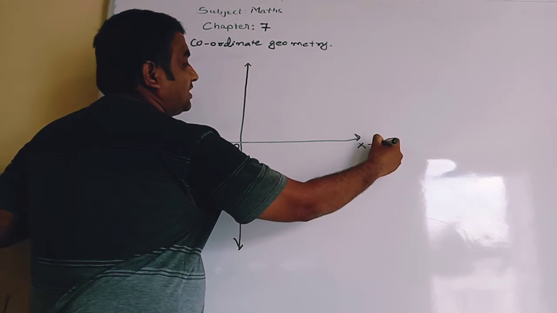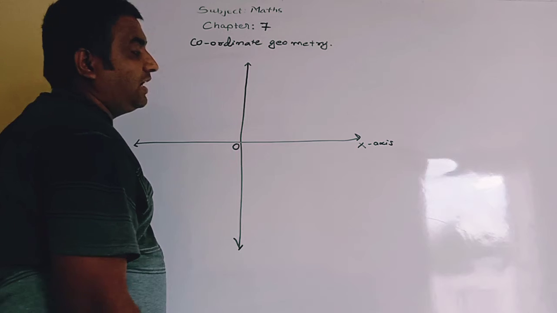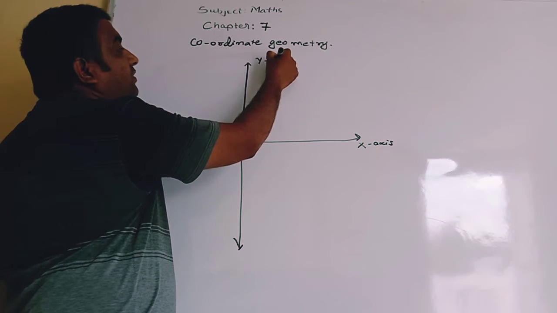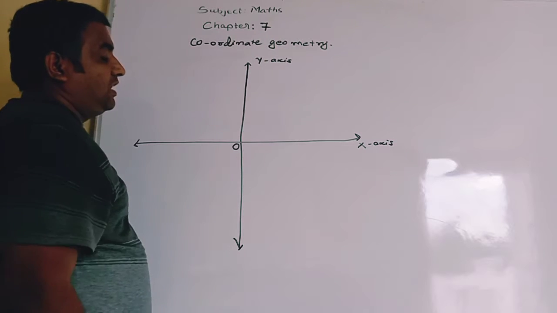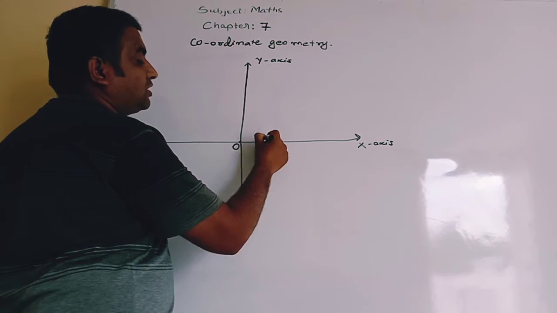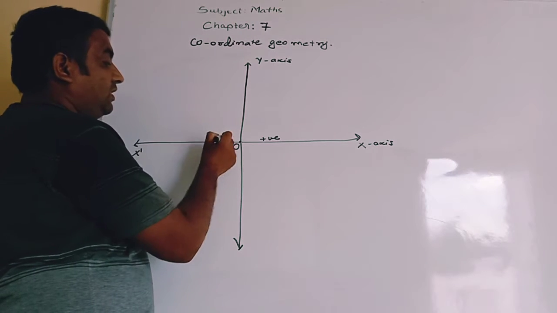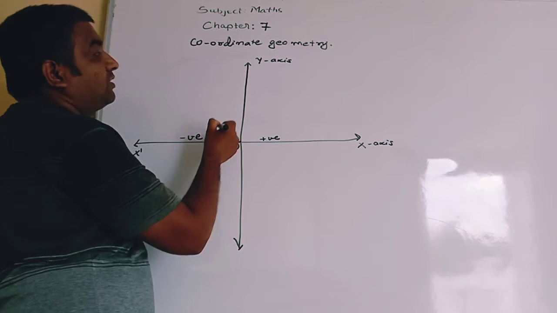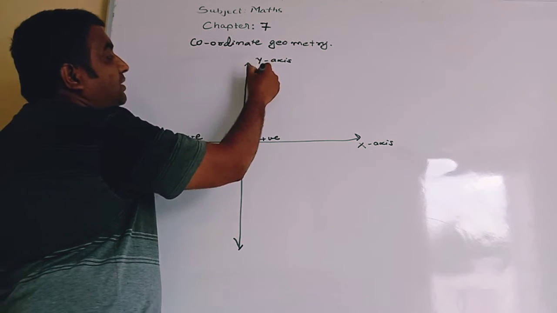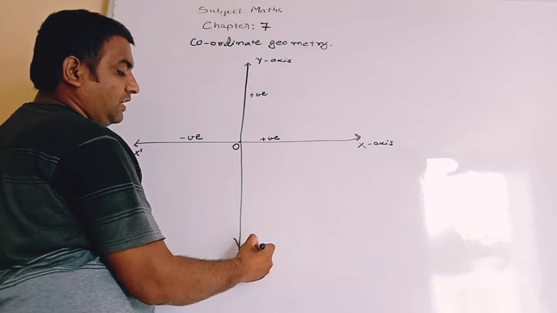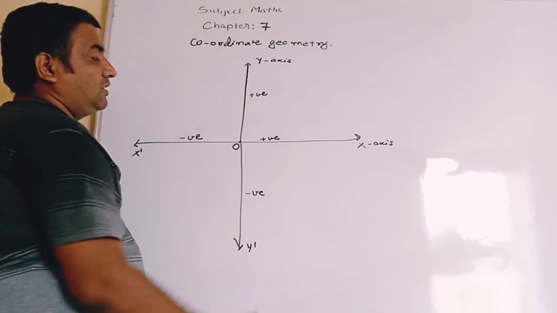The horizontal line is known as the x-axis, while the vertical line is known as the y-axis. Now OX is known as the positive direction, OX dash will be known as the negative direction, OY is known as the positive direction, and OY dash will be known as the negative direction.